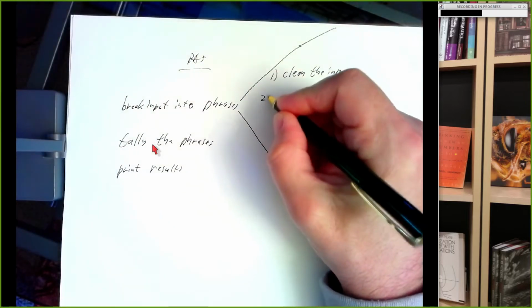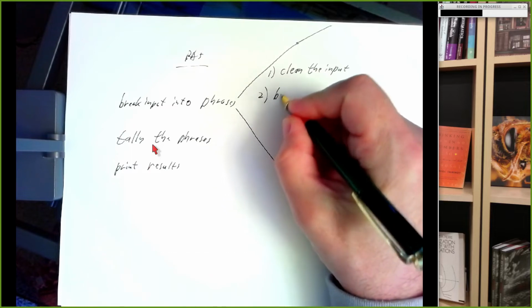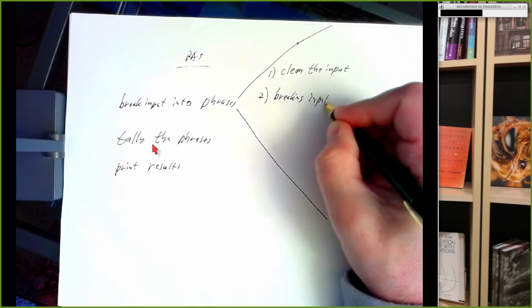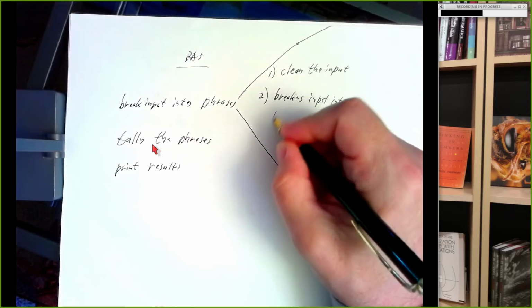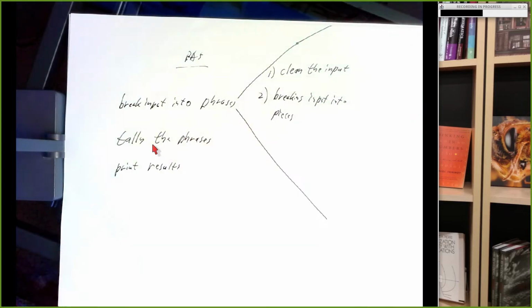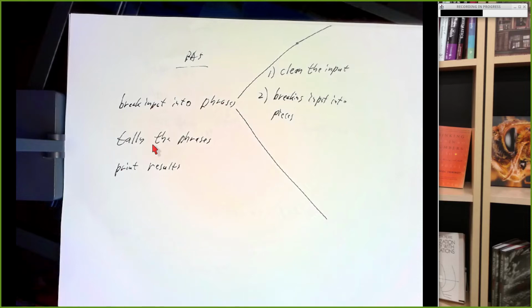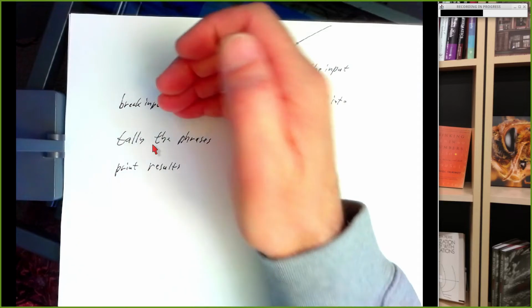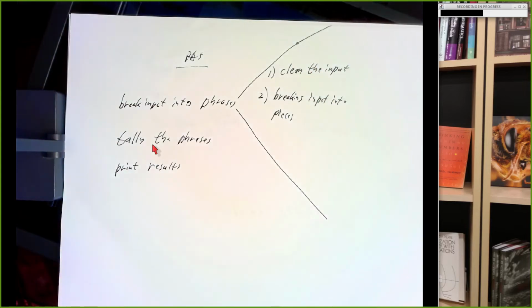And then 2 is breaking the input into pieces, which are what the phrases are. So we're just looking at these 2 steps for this first part of PA5.